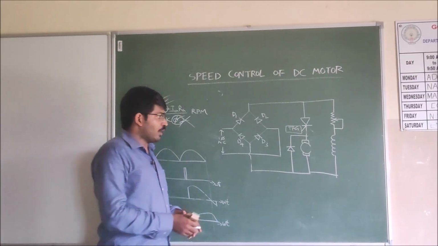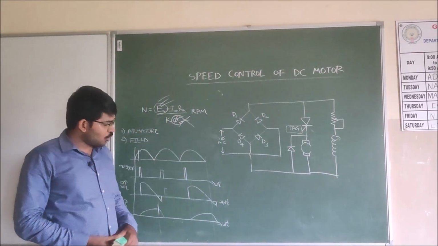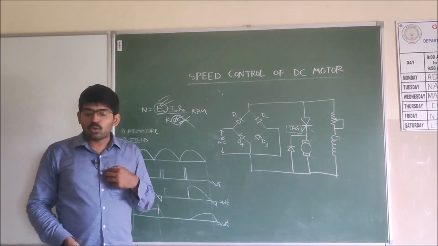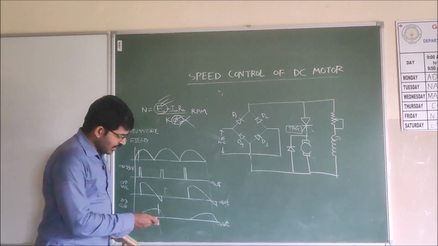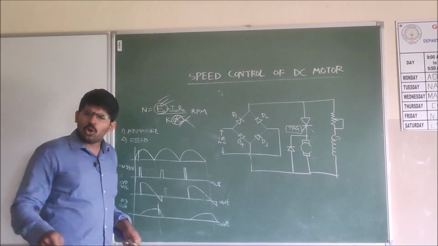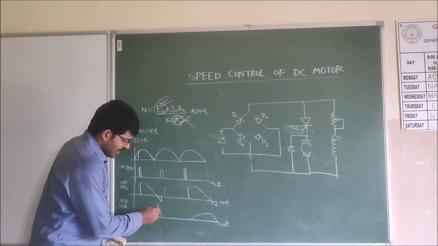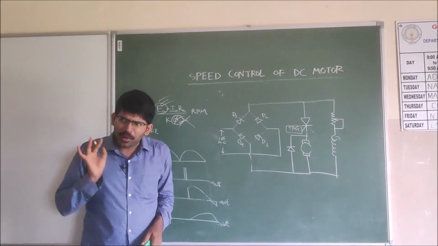That's why we should never take a larger inductance. We don't want the motor to be operated in the reverse direction. We are only expecting the motor to be operated normally. That's why this value should be very low. If we keep the inductance at a larger value, it will take this much time to discharge. We don't expect that.